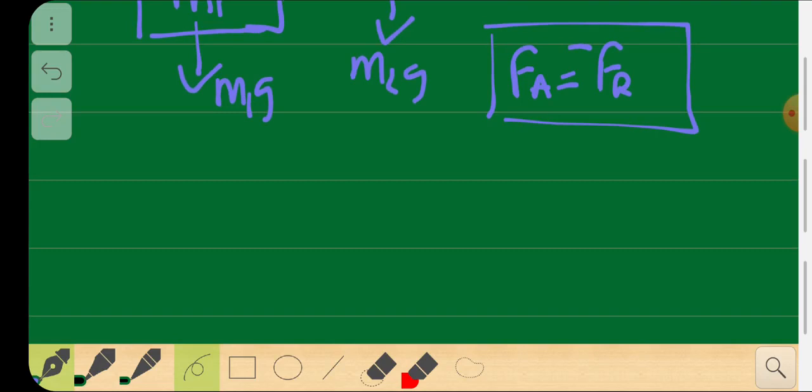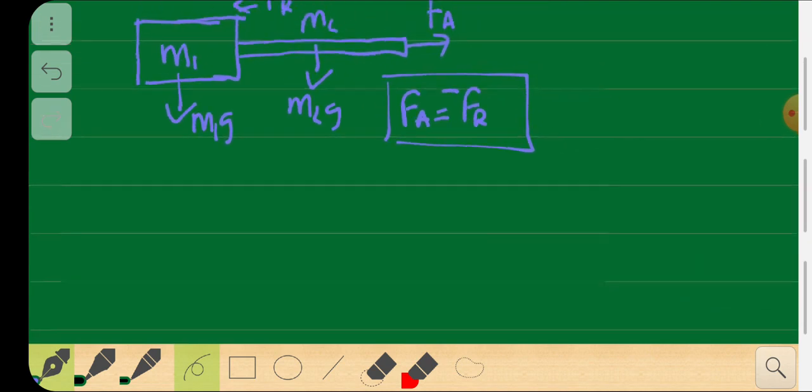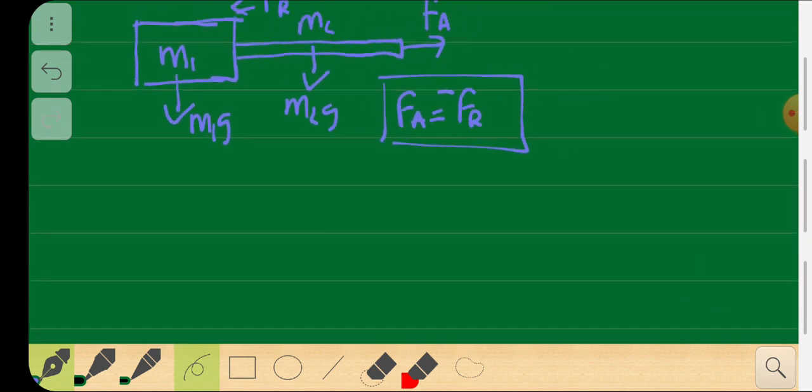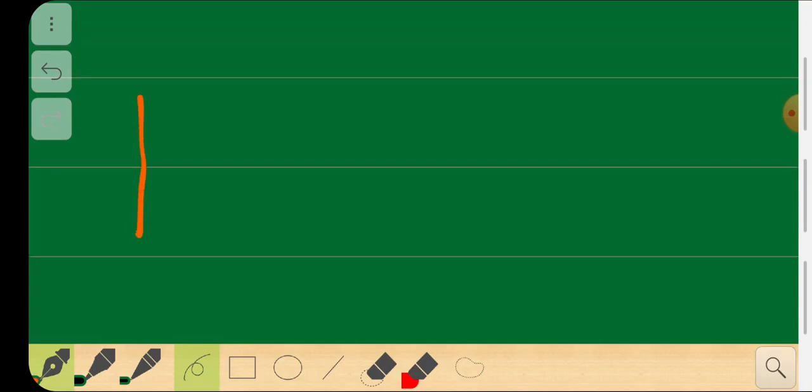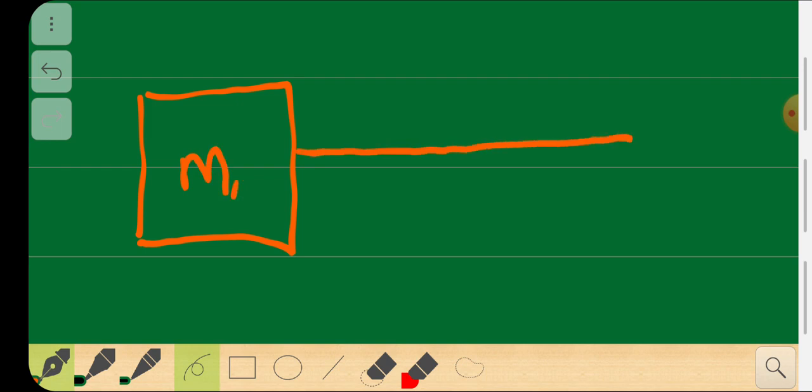Now I'm going to break up these masses again. Let's assume that the mass m2 is valid here. That means if there is an actual mass of the string, besides the m1 mass which is attached to the string, then this string has some mass. That means it will be acted on by gravity, and it will have some component m2g downwards.